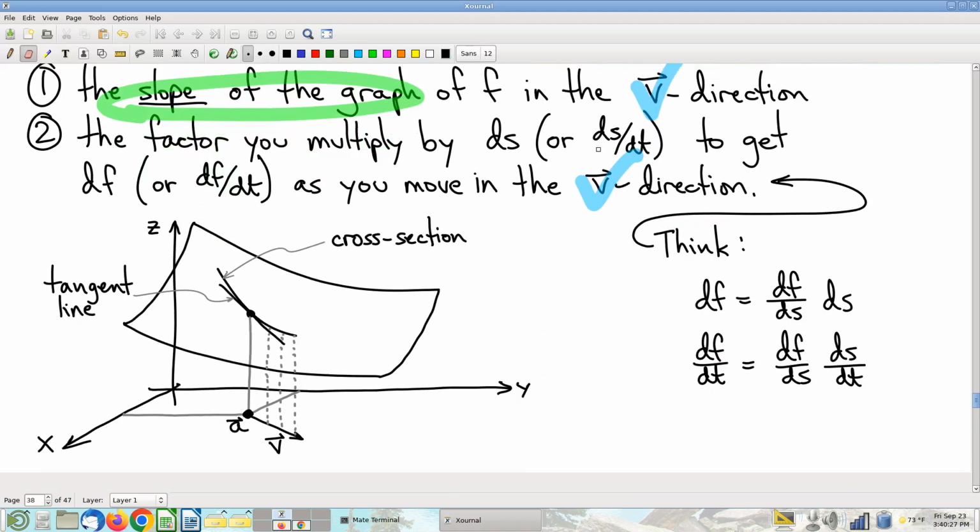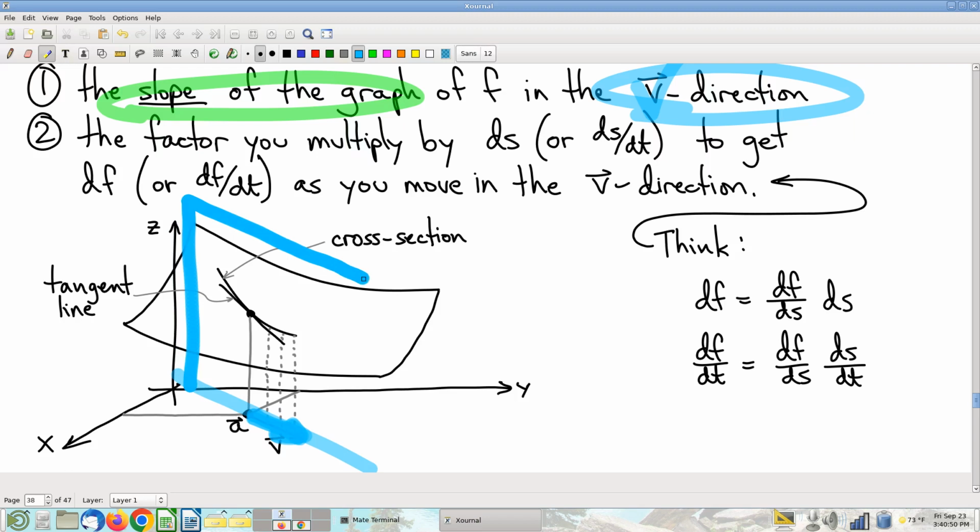Let's draw some pictures here real quick. So slope of the graph, right? So we've seen this for partial derivatives, but let's emphasize now for any unit vector describing a direction. So here's my unit vector V. It defines a direction like that. And if I look at the cross section to the graph in that direction, here's that cross section curve.